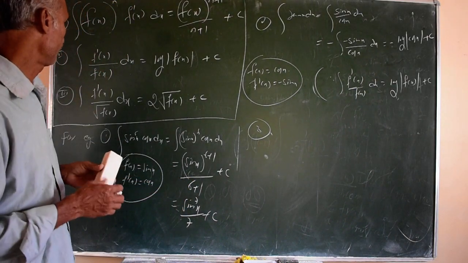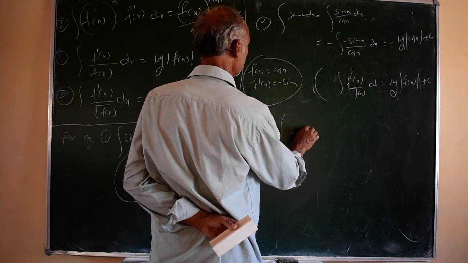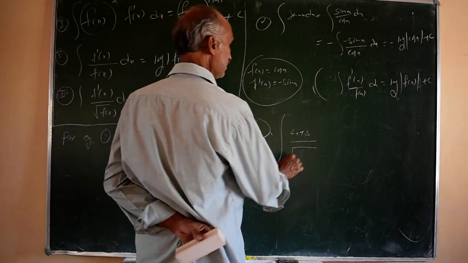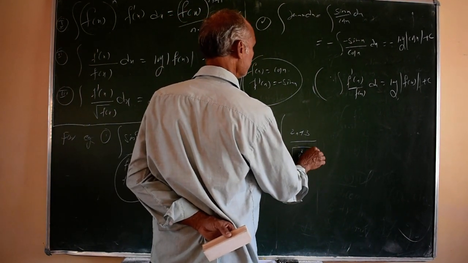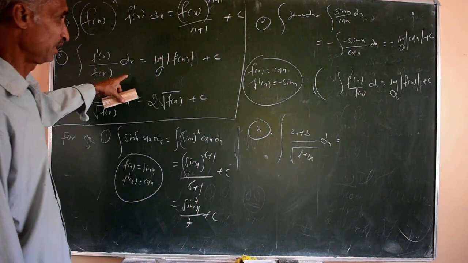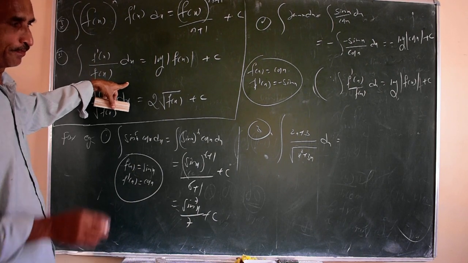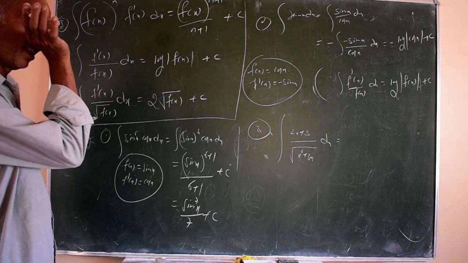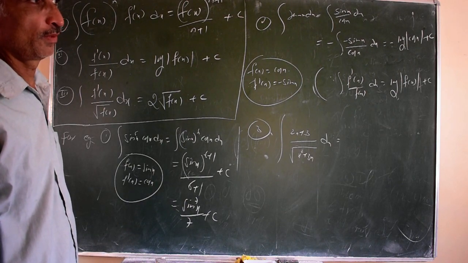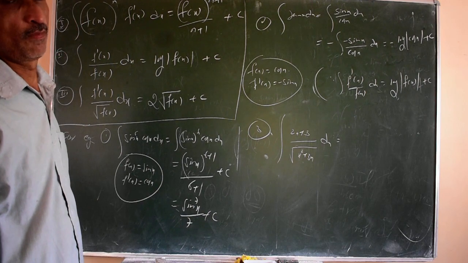So, for example, integration of 2x plus 3 divided by root of x square plus 3x. Exactly the formula. The proof of this one is not necessary. You can say that this is not given in the textbook. But you should remember these three formulas and how to quote the formula whenever it is used.